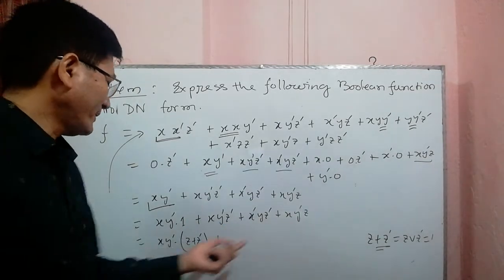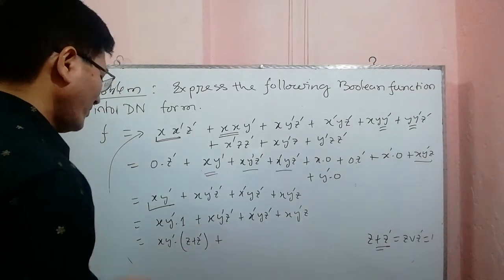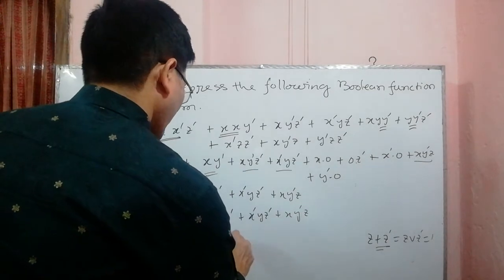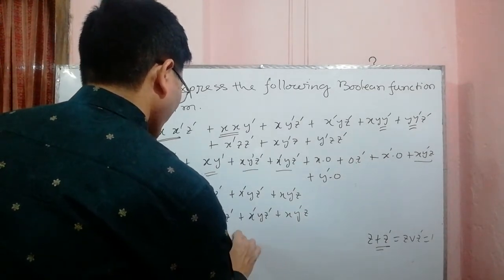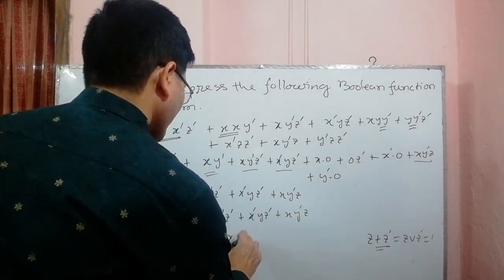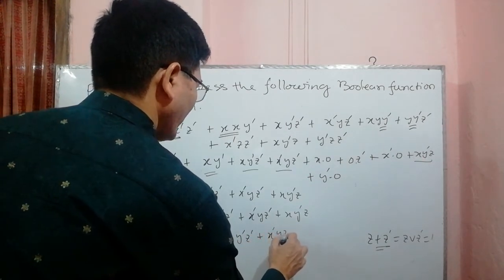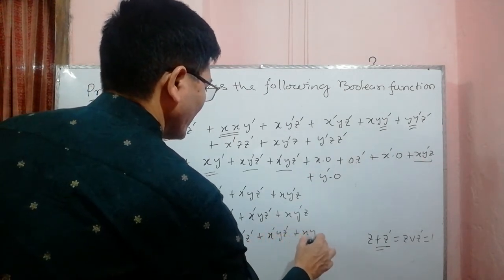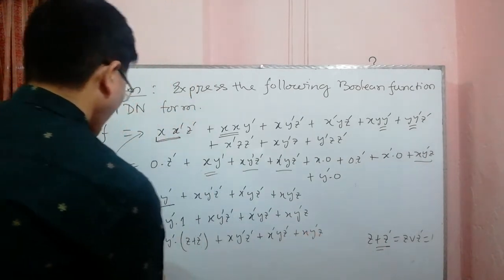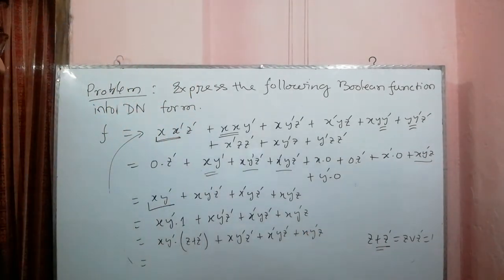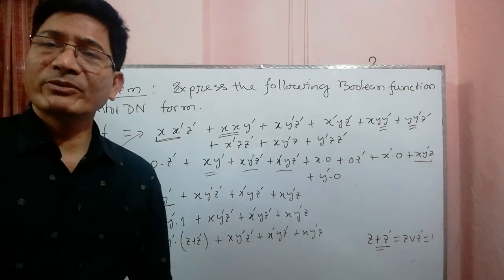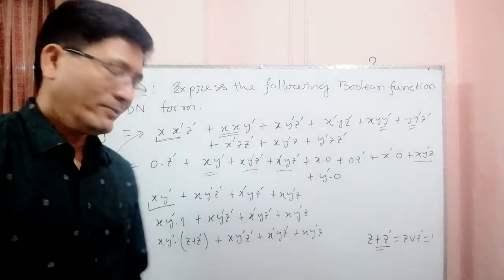It has been completed, but the first term we need to bring into DNF: x y prime and z prime plus x prime y and z prime plus x y prime and z. Dear students, now we will use the distributive law. Distributive law you all know.